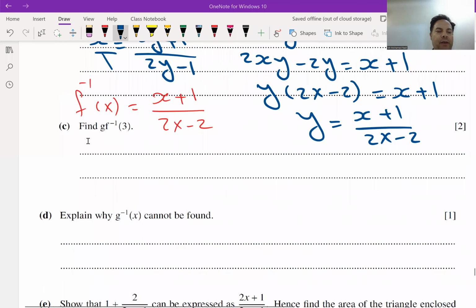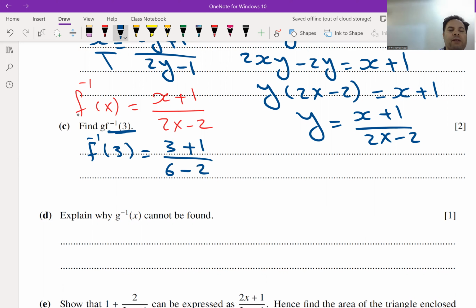Part C, find the composite g of f inverse of 3. First, find f inverse of 3. f inverse of 3 is equal to 3 plus 1 divided by 2 times 3, 6, minus 2. So 3 plus 1 is 4, divided by 4.